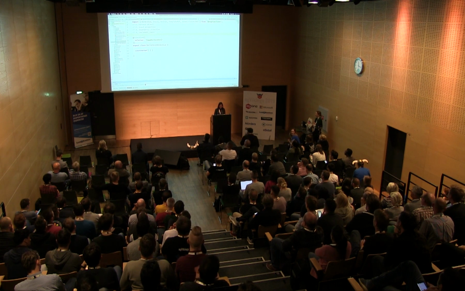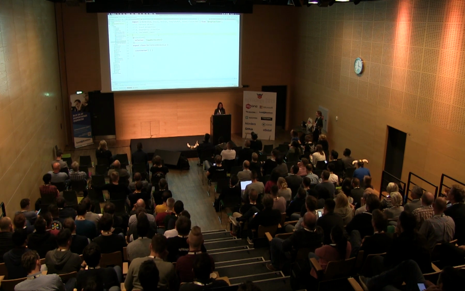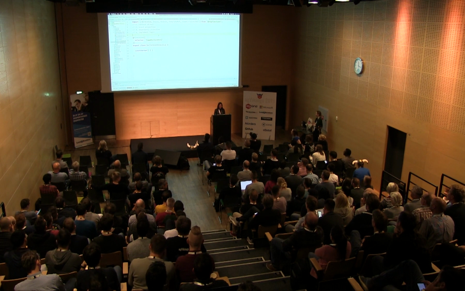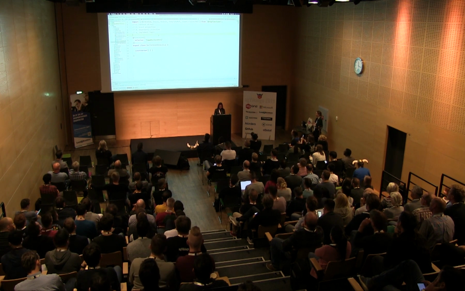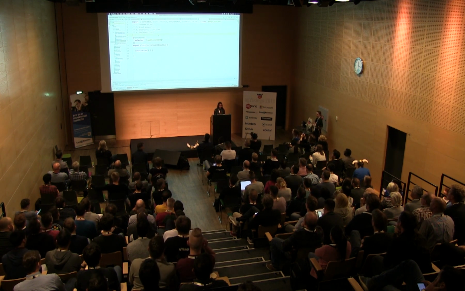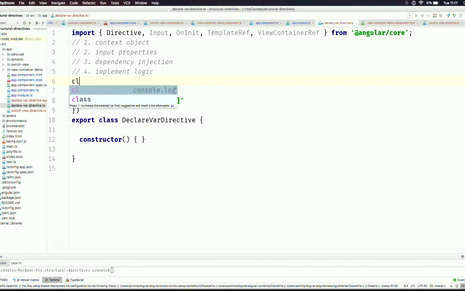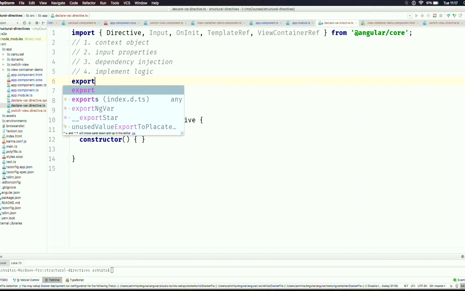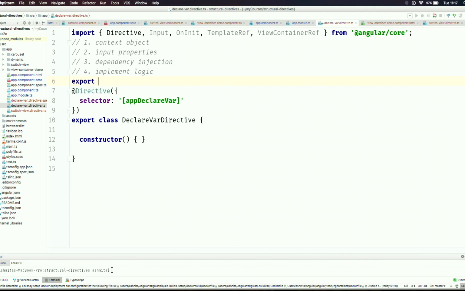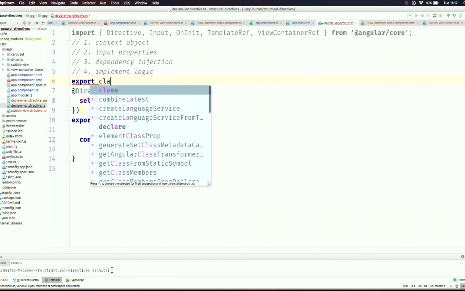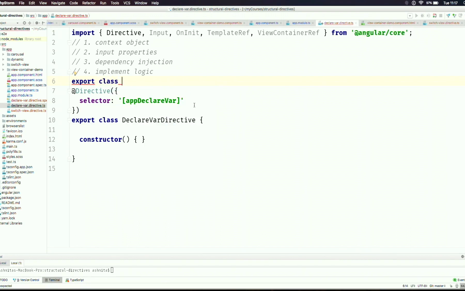Okay, so here's where I have my pointers, so who remembers the steps to create the structural directive? First of all, we've got to create the context object. So I'll use a class, and I'll use the same name as this attribute, capitalize it, and then call it context.